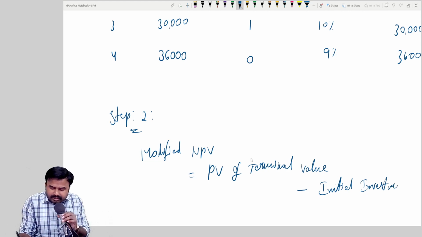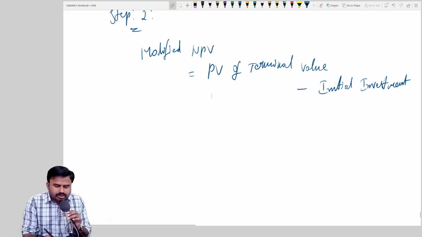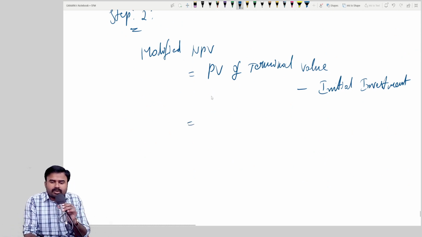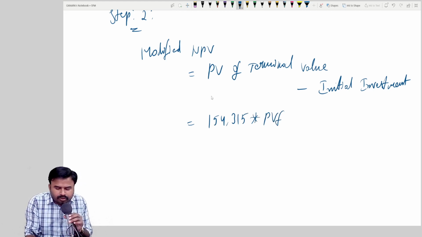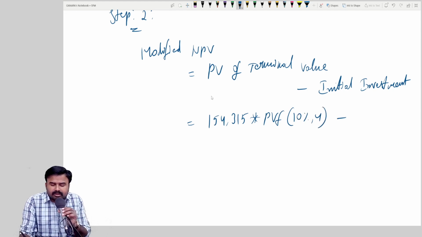For converting terminal value into present value, I must use cost of capital as a discount rate. How much is my terminal value? 154,315 into present value factor at cost of capital rate, 10%, at the end of 4th year, minus my initial investment.